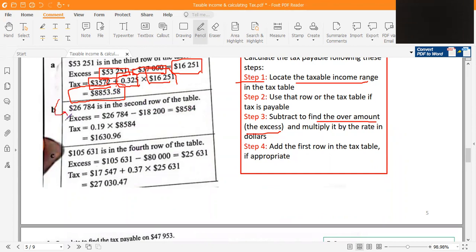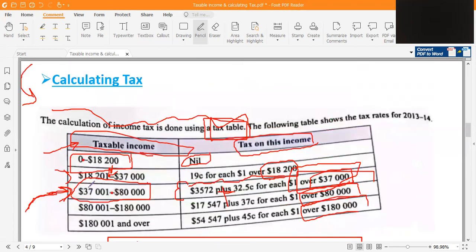Okay, in the same way, we use the tax table. First, we locate 26,000, for example, as given in the second row. In the second row, we don't have a fixed amount as a tax. We have only 19 cents for each dollar over 18,200.